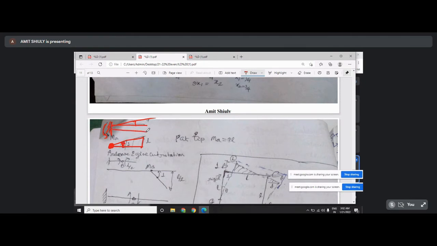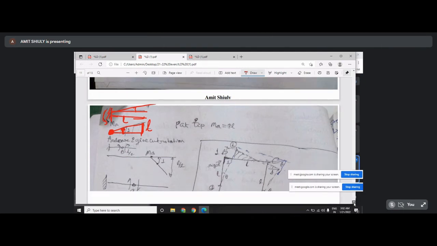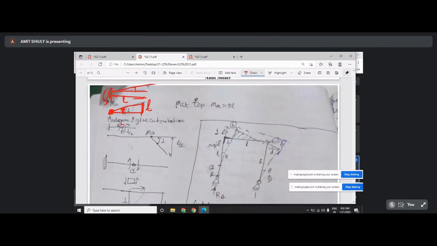If the length is L, what should be the value of this? This value will be L naturally. Now if you want to draw the bending moment at any section from here, suppose L by 2 distance apart, you have to release it here.